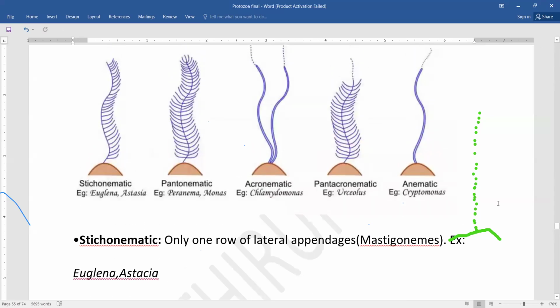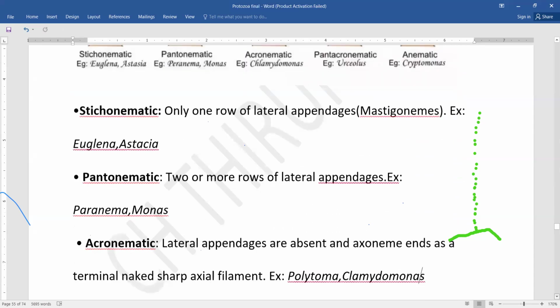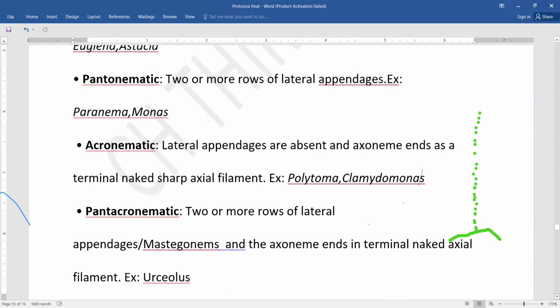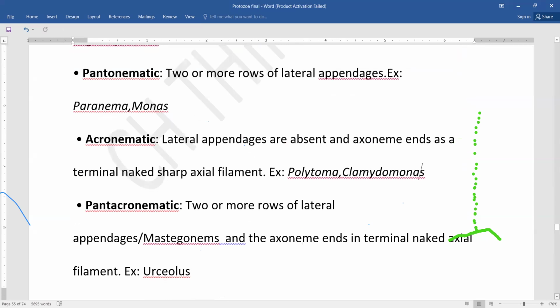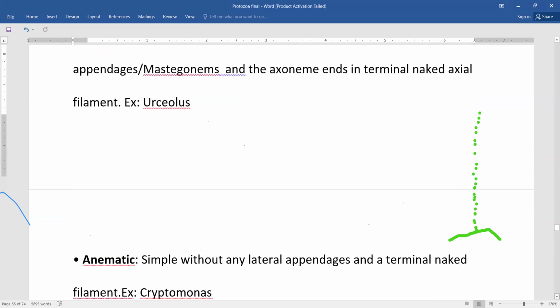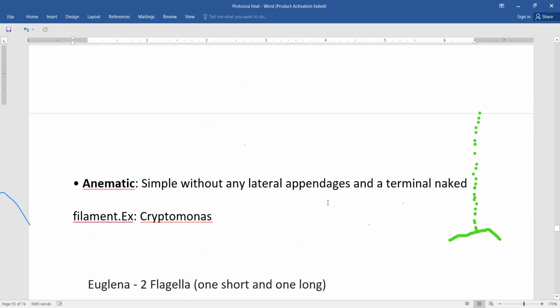And anematic is very smooth, simple, without any lateral appendages, and with a terminal naked filament. Not like this.